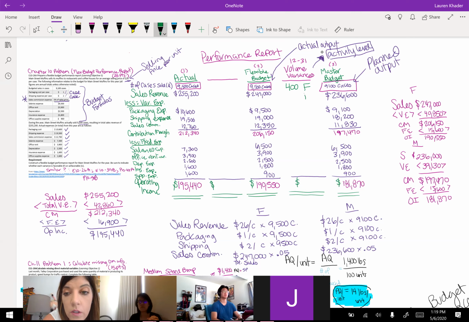So I can even do this right now. And for my variable expenses in the volume variance only, if I have a favorable revenue variance, and if I sold more units than I planned for, then my variable expenses all will have what variance?